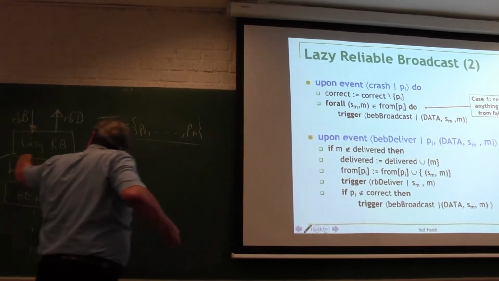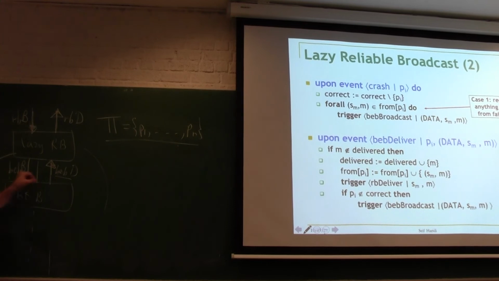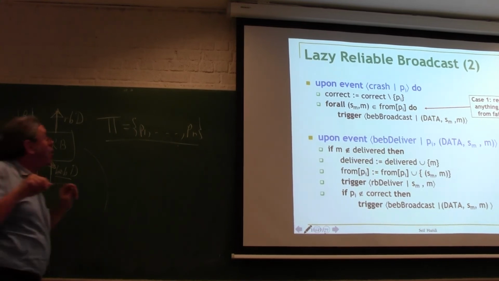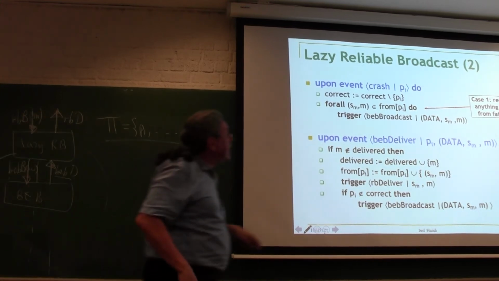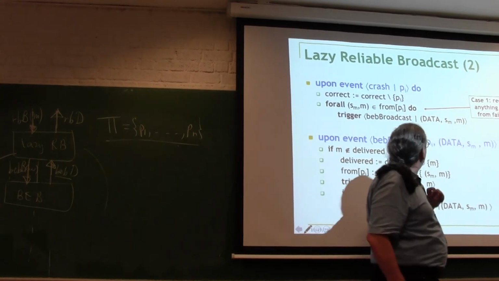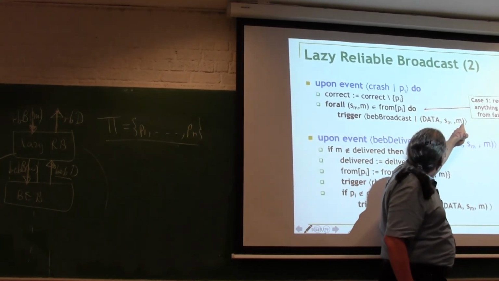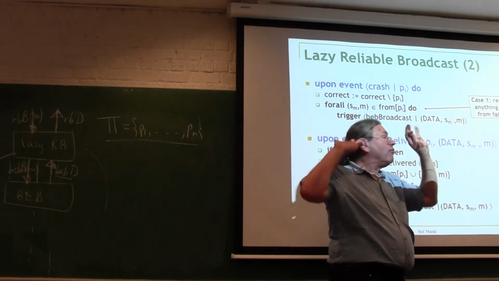Down here, we're sending the message plus more information in some sense, whereas the reliable broadcast will just send a message. Actually here, we're sending more stuff. We're not just sending M in the BEB, we're sending M plus the node it comes from. So we make this look like some kind of record.